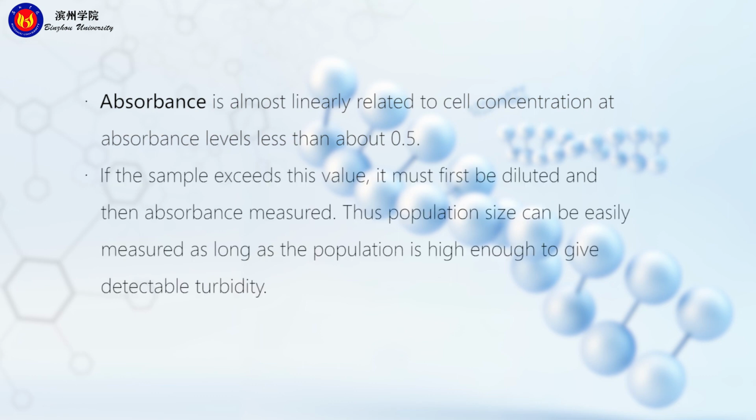If the sample exceeds this value, it must first be diluted and then absorbance measured. Thus, population size can be easily measured as long as the population is high enough to give detectable turbidity.